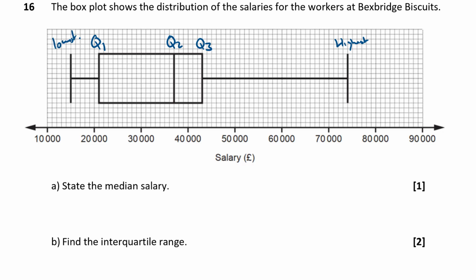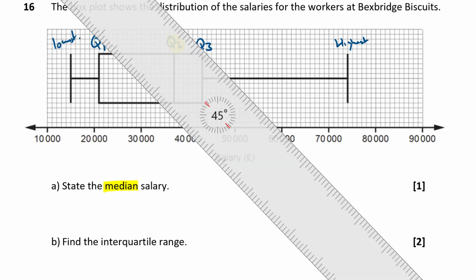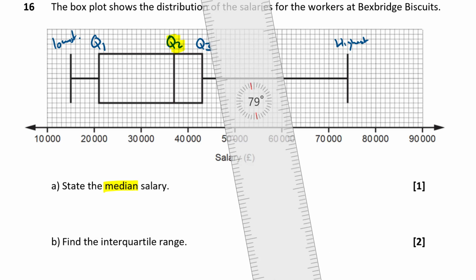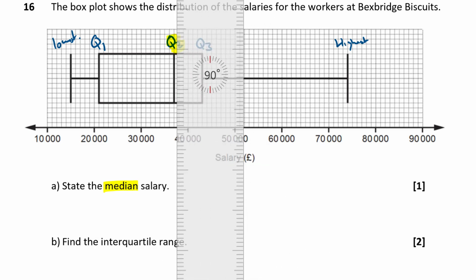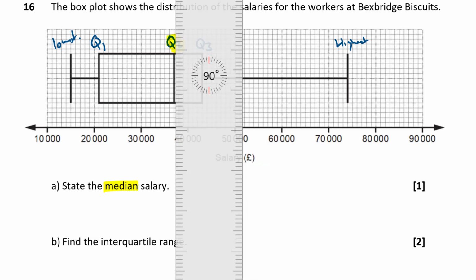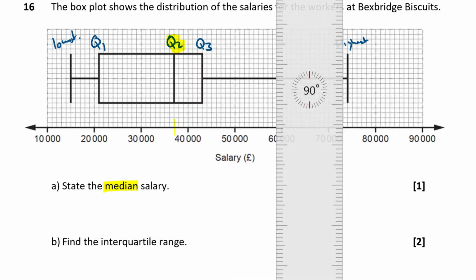Okay, so what is the median salary? The median then is Q2, it's this value here. So all we've got to do really is read off this value from our graph. Just reading down, you can see it's here on our scale. This scale is 30,000 to 40,000, and I've got 10 divisions in between.